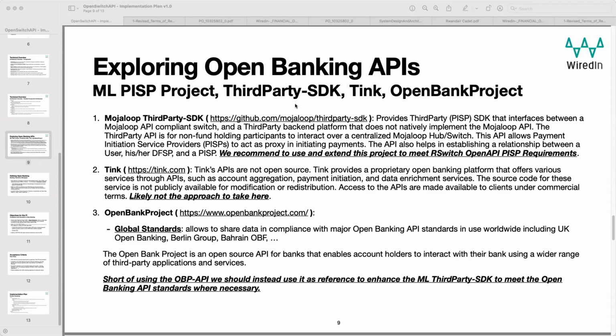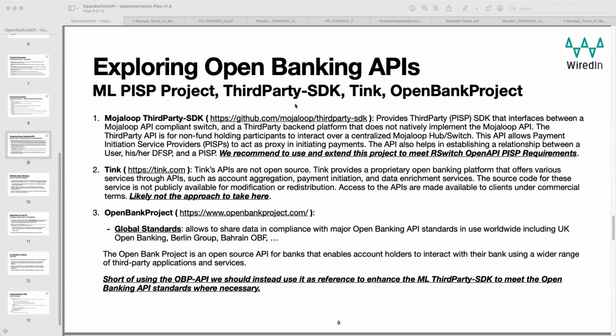And Tink is an API that is not open source. Actually, I was led to it by Paul Macon. And the Open Bank project is open source, and it follows pretty much some global standards, or is one of the global standards that people get to use as a reference, or set out to use as is.